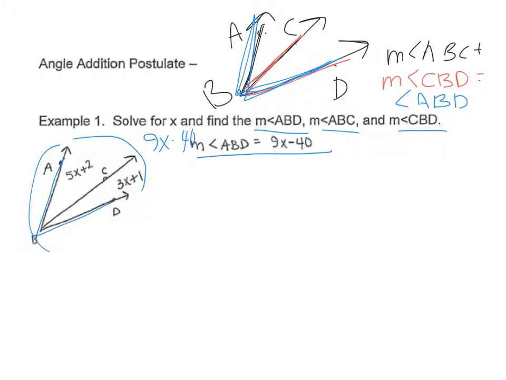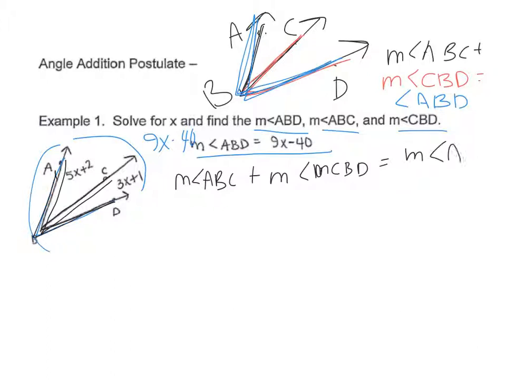Now, just like we did the segment addition postulate, I'm going to write the measure of angle ABC, which is this one, plus the measure of angle CBD equals the measure of angle ABD. It doesn't say I need to write justifications, but the justification for that is the angle addition postulate.